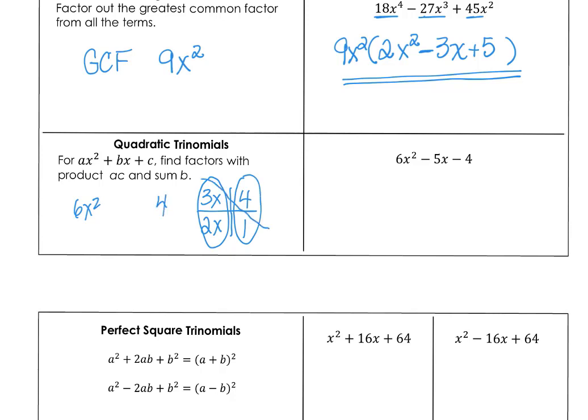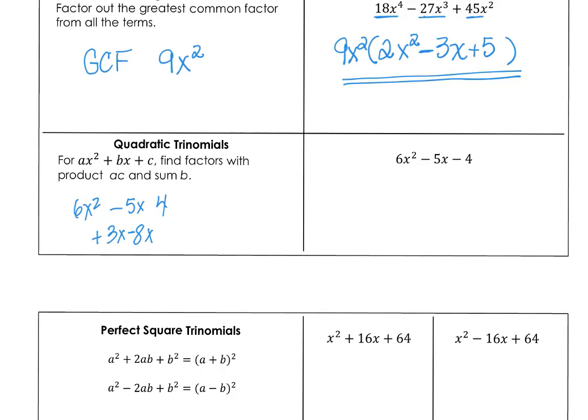And if we look at 3x and 8x, I could easily get 3x and 8x to add up to negative 5 if the 8 was negative and the 3 was positive. So how can we make that happen?